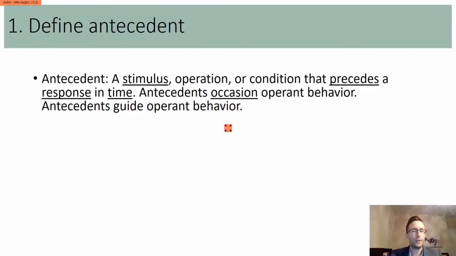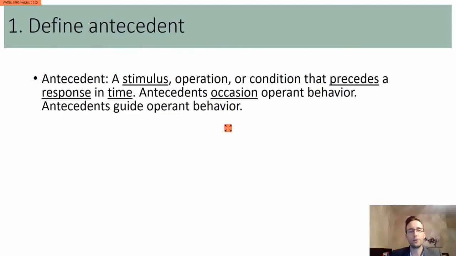So sometimes you'll see or hear antecedents referred to as setting the occasion for the behavior to occur. That's a way it's talked about. Occasioning the behaviors is what you'll see in textbooks. Guiding the operant behavior is less common terminology, but you'll see that sometimes too.